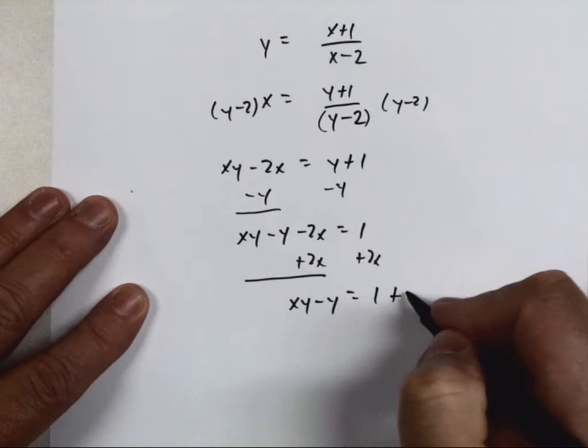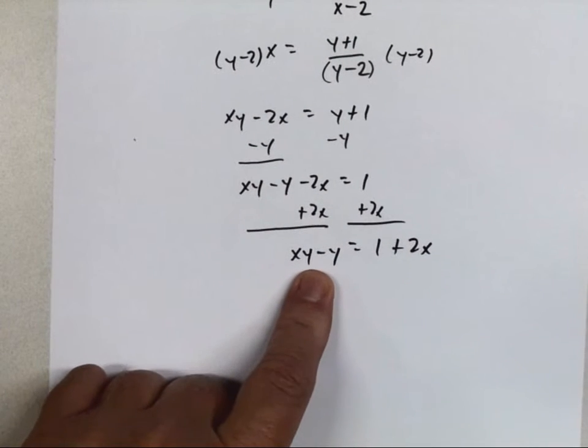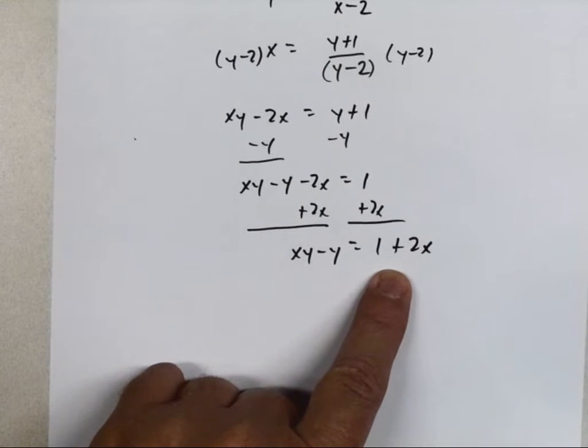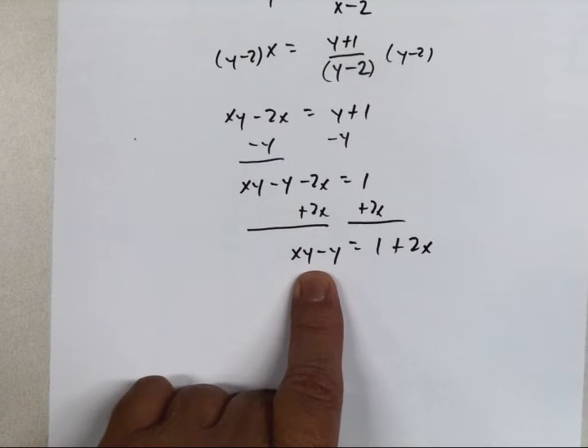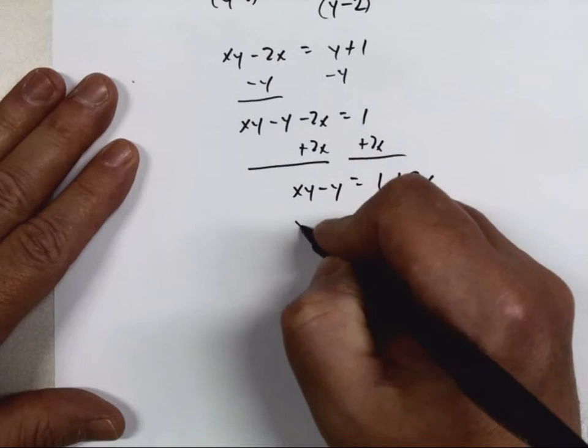So this is just some basic algebra. So now, all the terms with the y are on the left-hand side. The terms that don't have a y are on the right-hand side. My goal is to get y by itself, so I'm going to factor out the y here.